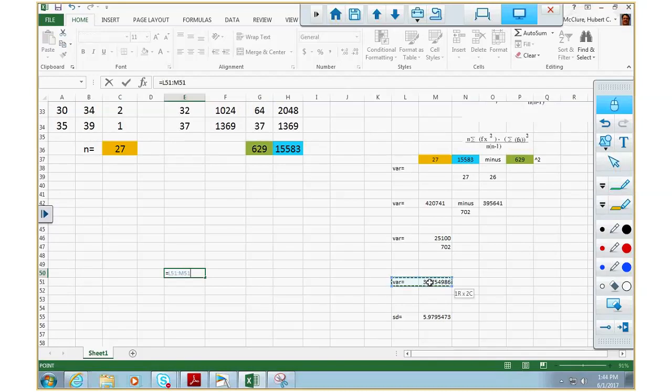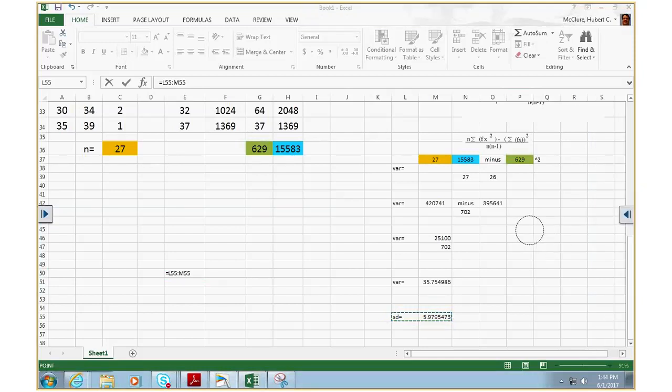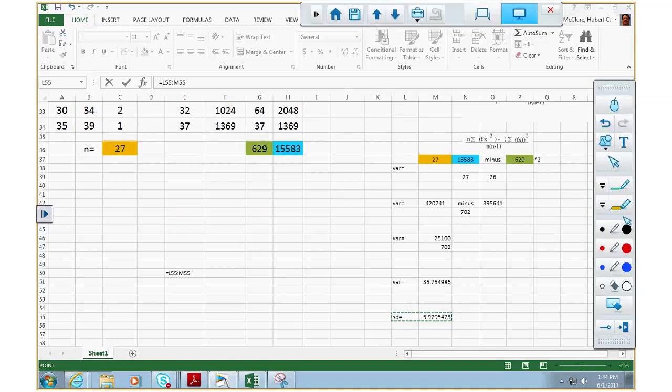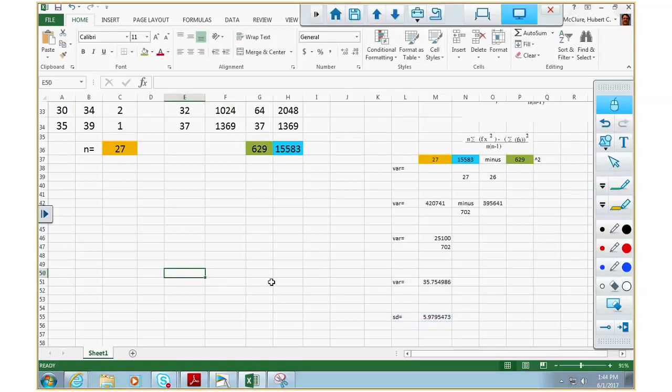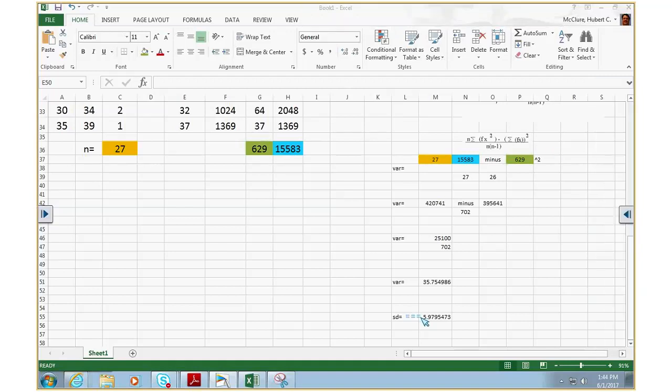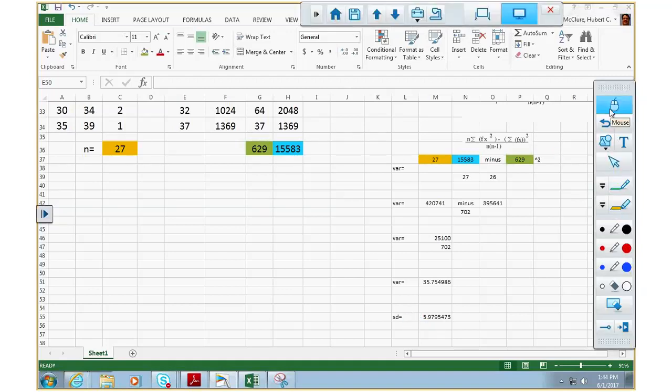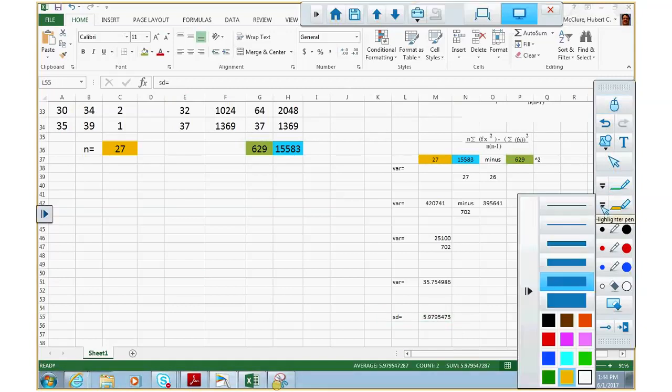I'm going to go ahead and mark these two. Well, this one's most important, so I'm going to mark this with another color. Go ahead and draw it while I uncluster my mess up here. We'll color that magenta.